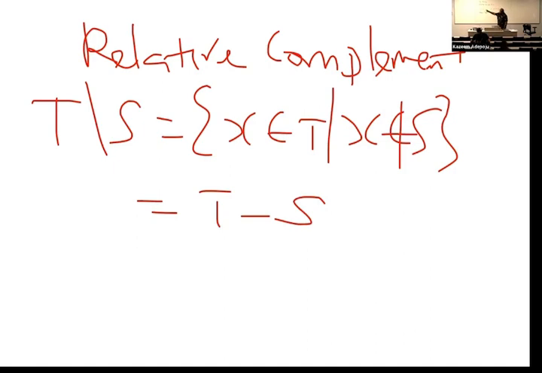I want to talk about the relative complement now. I have two sets. I'm trying to say x belongs to T, but x does not belong to X. Mathematically speaking, it is the same thing as T minus X.